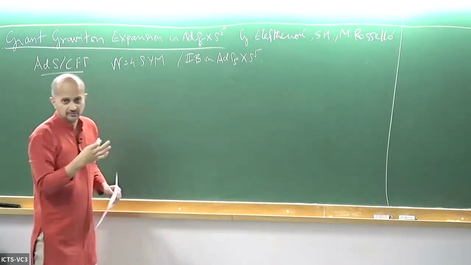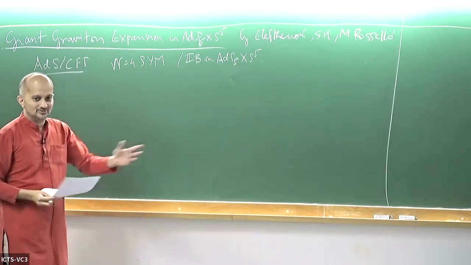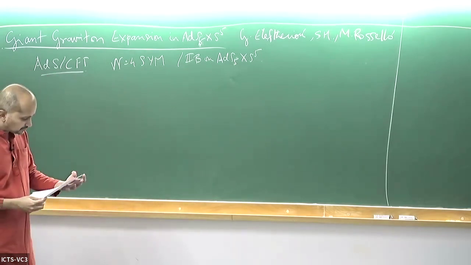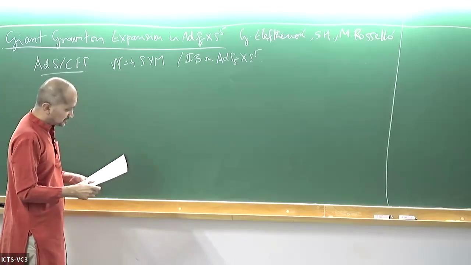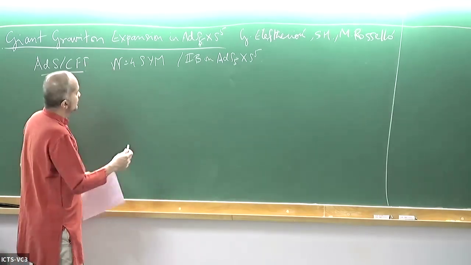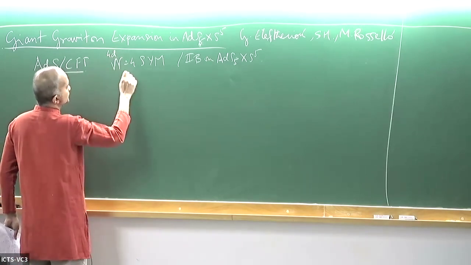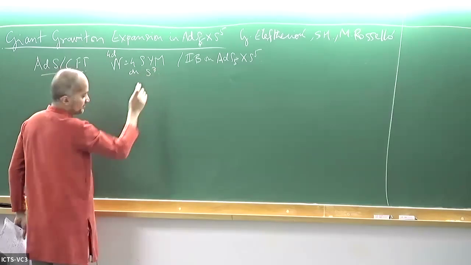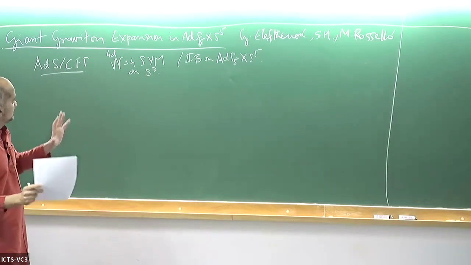A lot of the statements I make are much broader, and you can ask me which statement is broad and which is not. The subject is still developing, so I thought it's good to take something concrete. So think of this Yang-Mills theory, this 4D theory, put it on some compact manifold, let's say S3. So there's no infrared divergence.